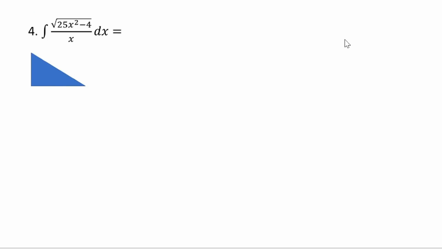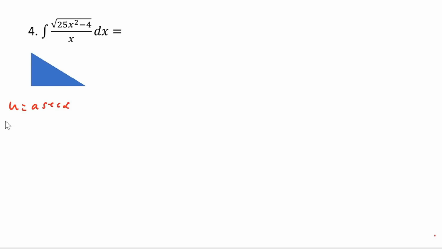Okay, for number 4, we have the integral of the square root of 25x squared minus 4 all over x dx. So the radicand is similar to the square root of u squared minus a squared. Therefore, we are going to use the equation u equals a secant alpha.